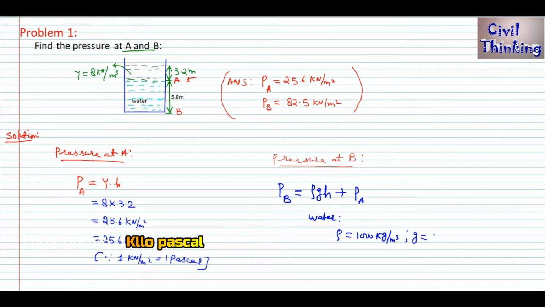G is the acceleration due to gravity, which is 9.81 meter per second square, and h here is 5.8 meters.